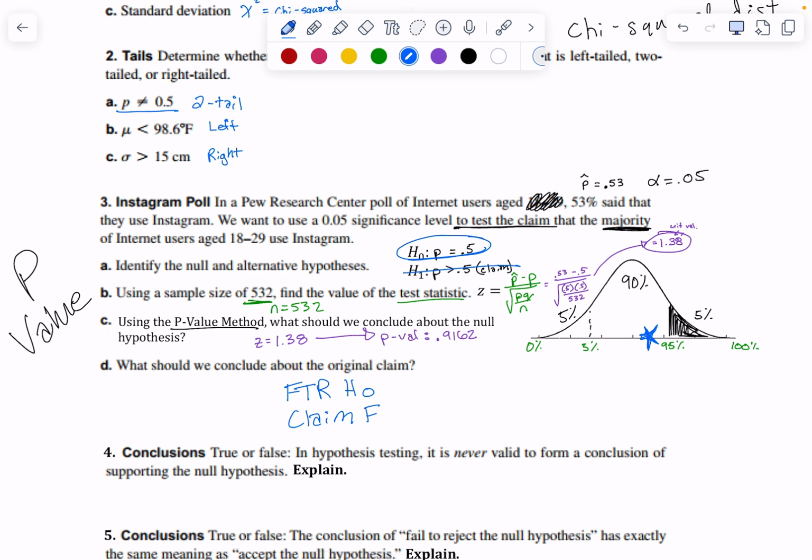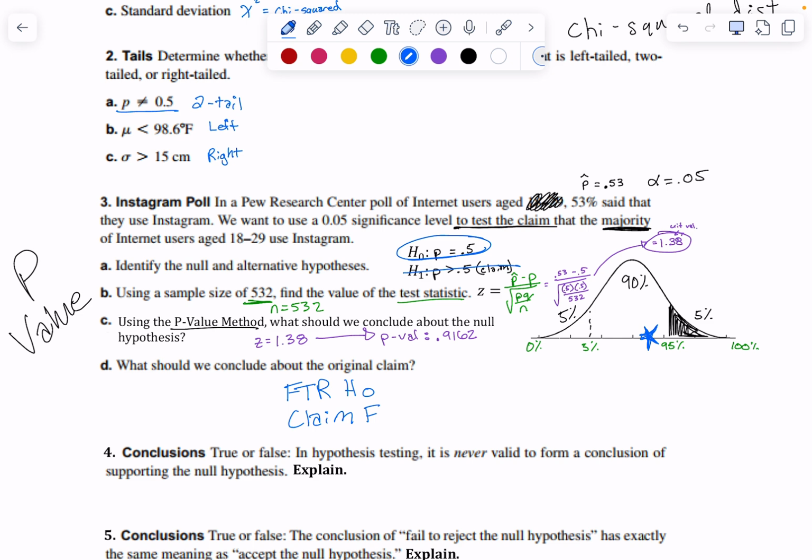Beautiful. If I ask you to say what that means in layman's terms according to this? Layman means average people terms. If I ask you what that means, what does this mean?